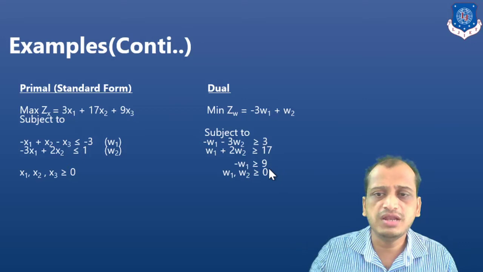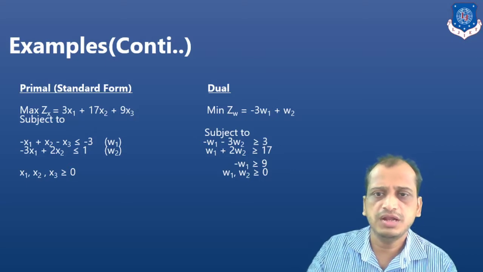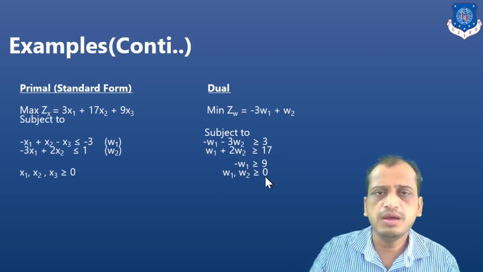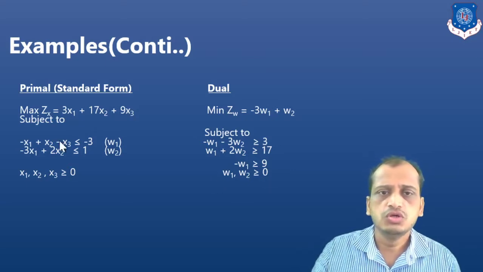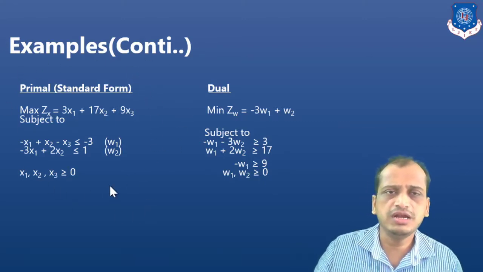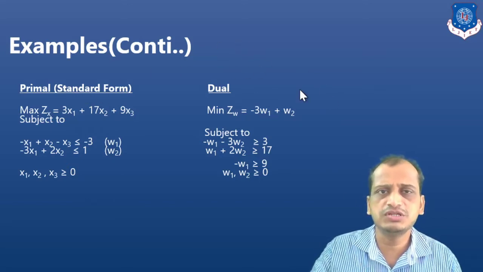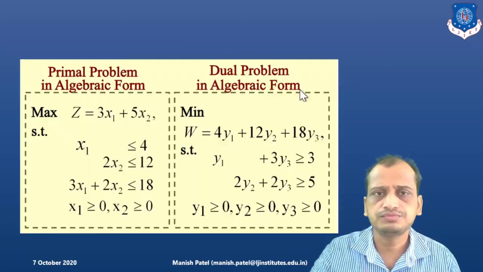And where does this 9 come from? It is from the coefficient of the third variable in the objective function. And obviously w1 and w2 are greater than or equal to 0. So this standard form is related to the primal problem, and this one is the dual problem. This is the conversion from primal to dual.